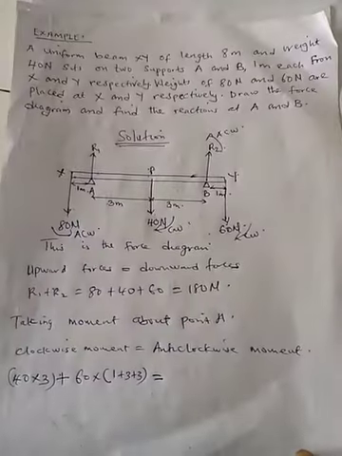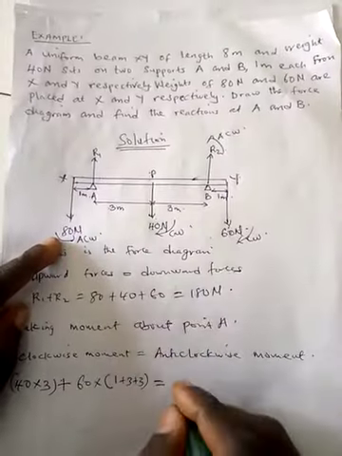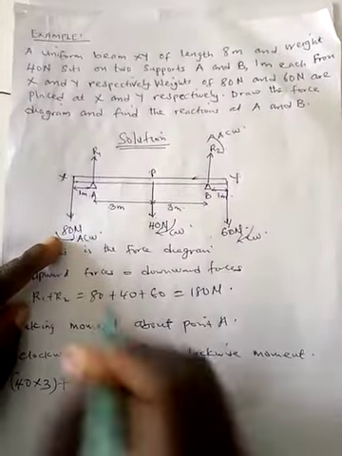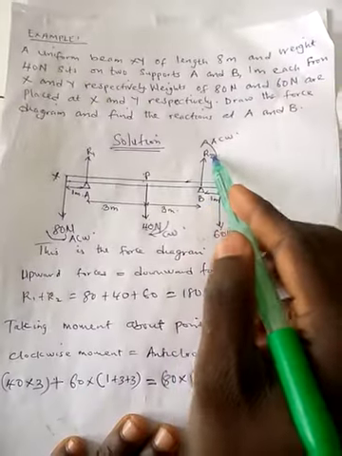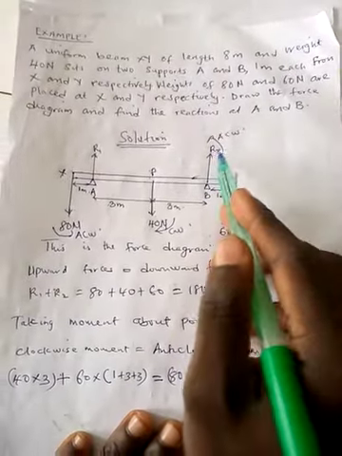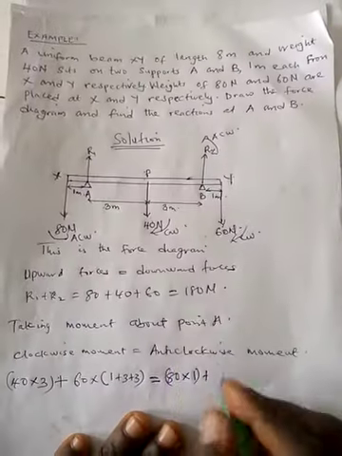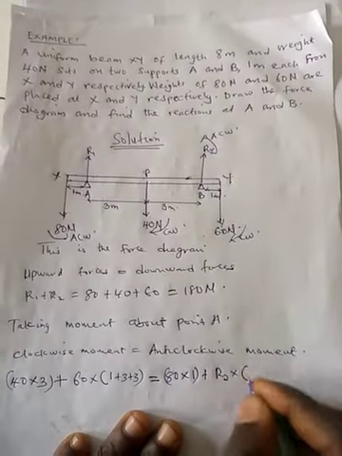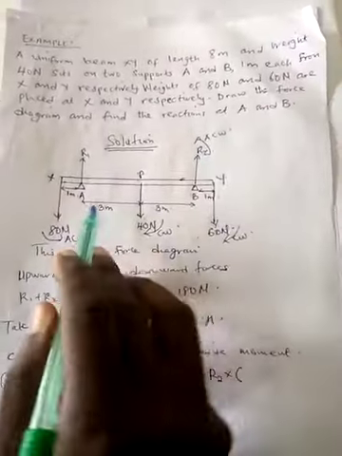Equal to, now we look at the anti-clockwise moment. We have 18. The distance between this and this is just 1, so 18 times 1, plus the other anti-clockwise moment, which is R2 times the distance, 3 plus 3.